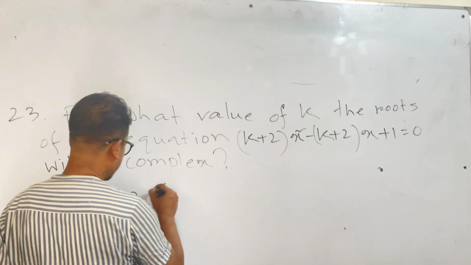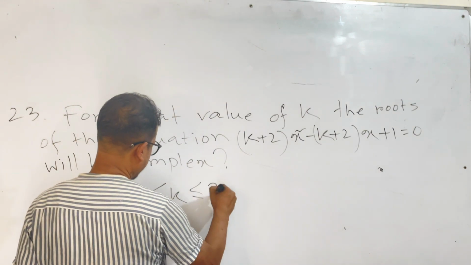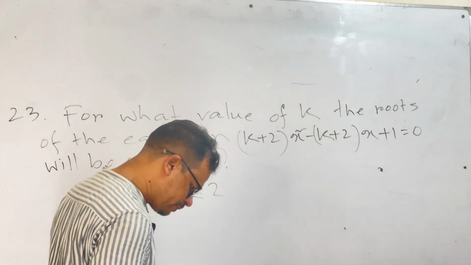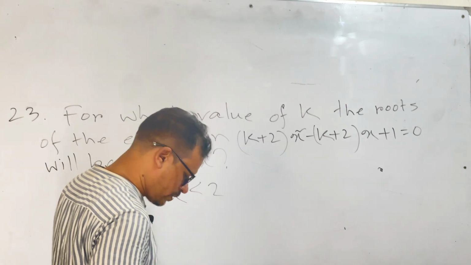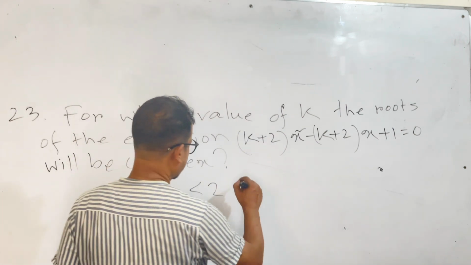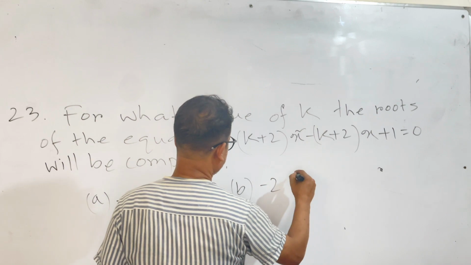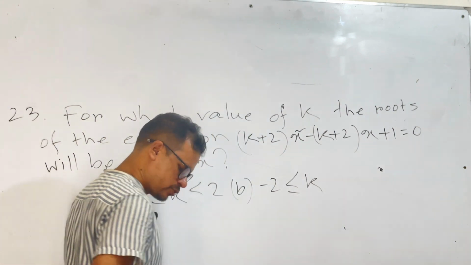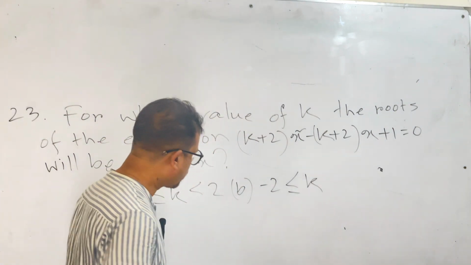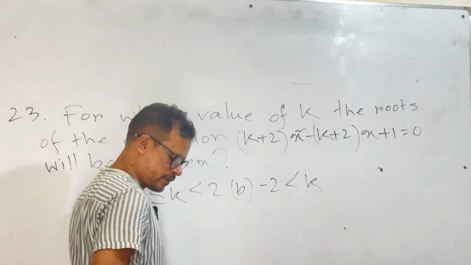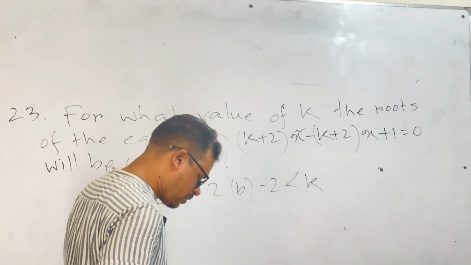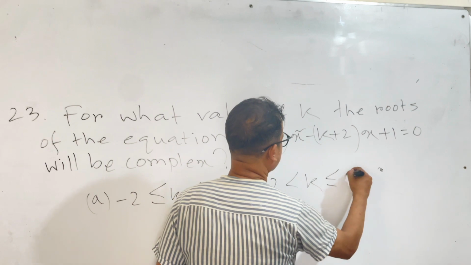A, minus 2 less than k. B, minus 2 less than k less than 2.